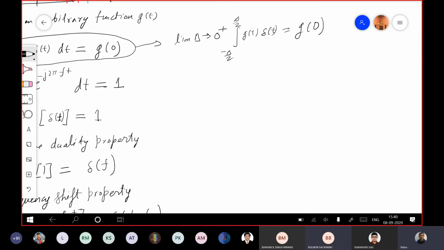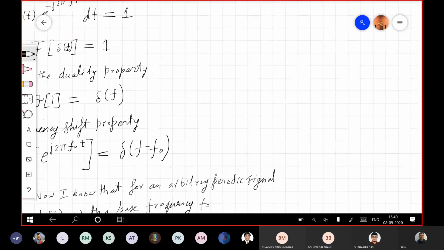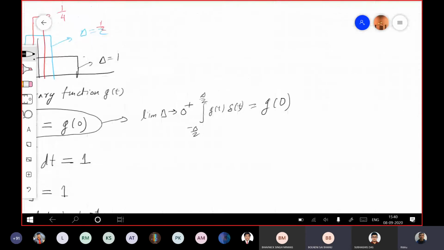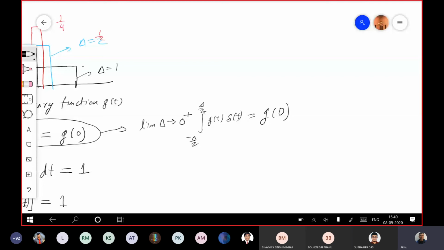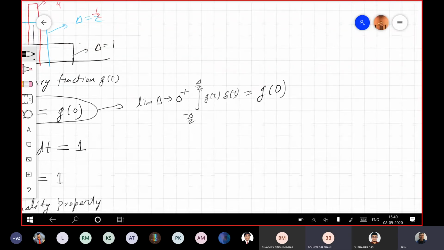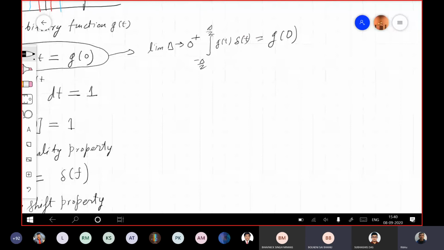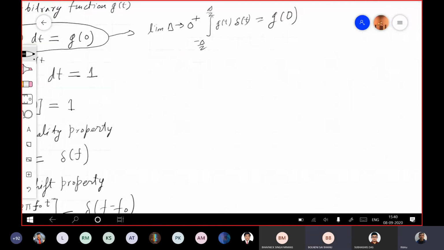Fine. Because except at that precise point where the delta function is not defined. So this should be 0 plus. That's the only condition here. It should be approaching 0, it should not be 0.